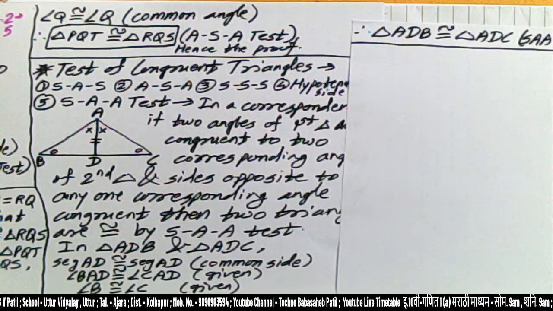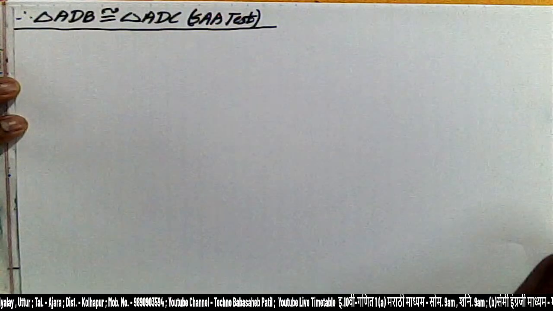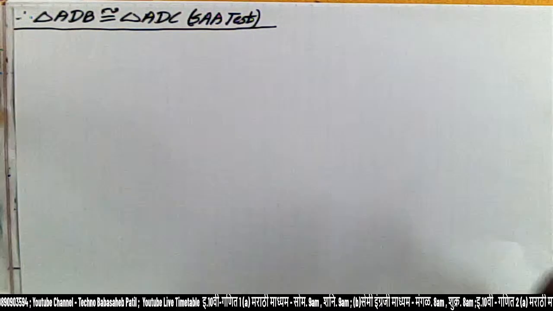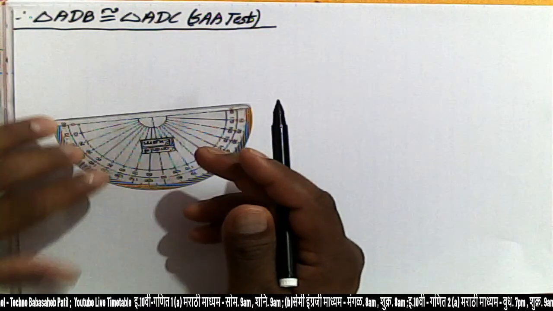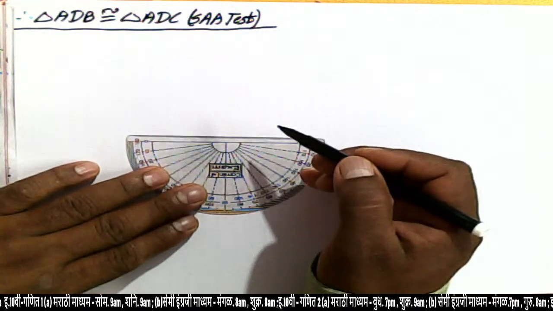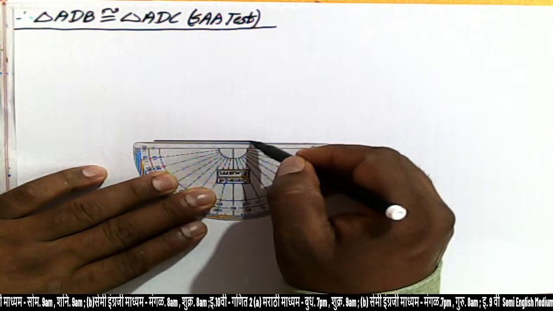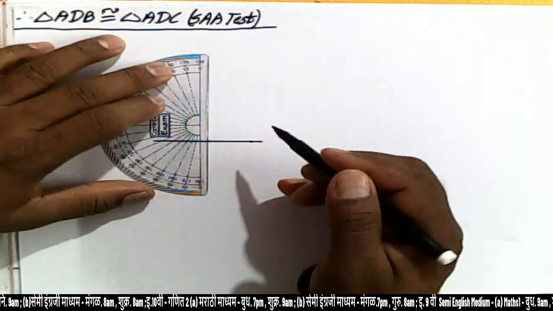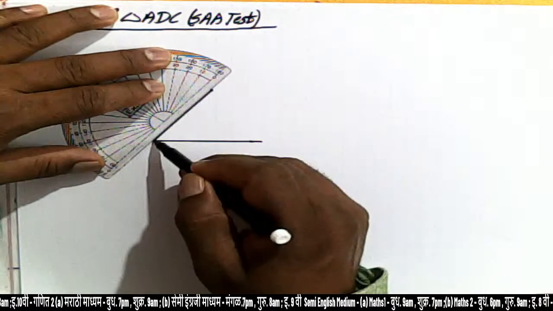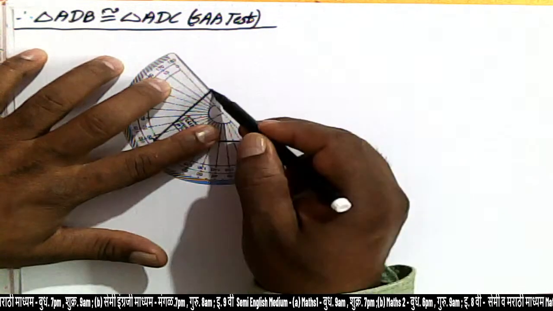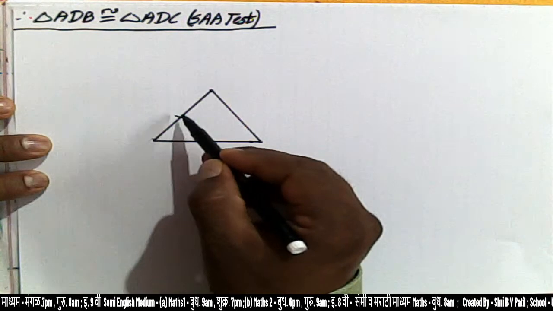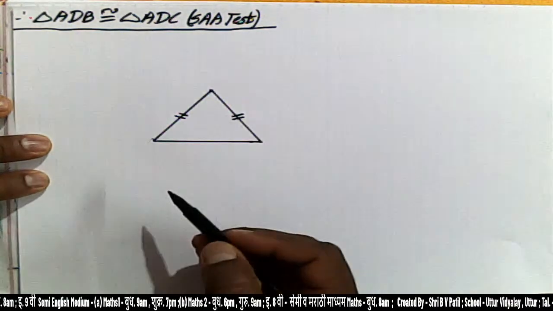Then next, I draw a triangle here. Here in that triangle, how many sides are congruent?